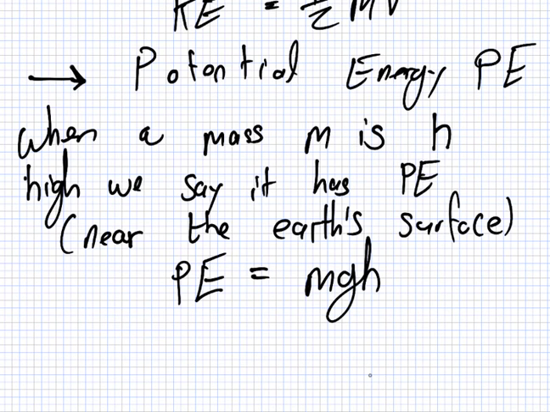Now, I said there are many forms of energy. This is only two of them. Do you think you can give me more forms? Think. So what I want you to do is think about all the ways you can have energy. So I said one is food. Food has energy. Because you eat it, you can do work. And we have kinetic and we have potential. What else is there? Well, yeah, chemicals like the food, yeah.